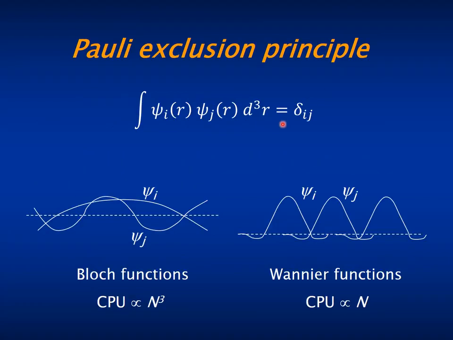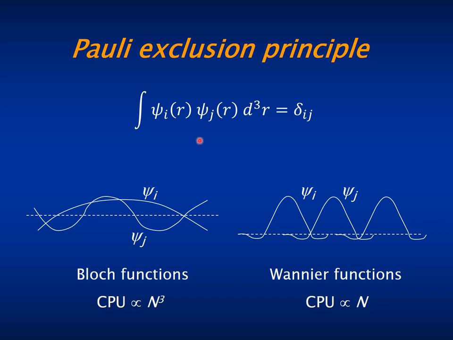It is easy to see that the self-consistent method scales computationally as the cube of the number of electrons. And this is essentially due to the Pauli exclusion principle that requires that the occupied states are mutually orthogonal.